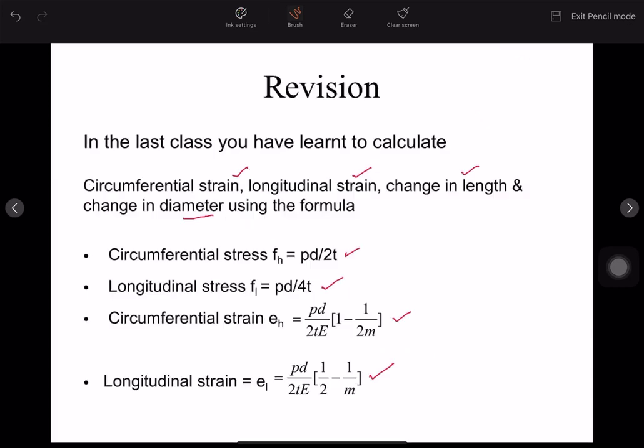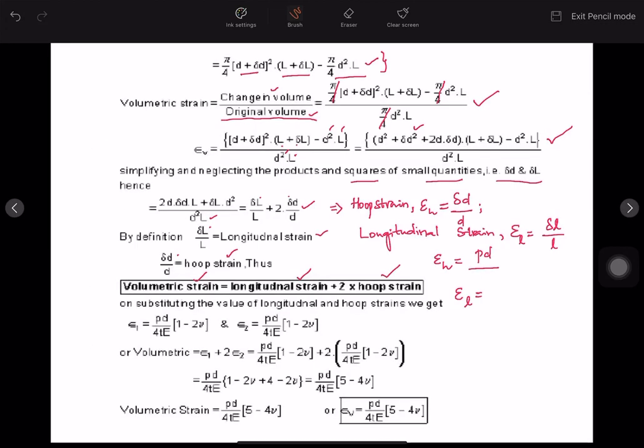If I show you these equations, hoop strain is PD by 2TE into 1 minus 1 by 2m, and longitudinal strain is PD by 2TE into 1 by 2 minus 1 by m. So that is PD by 2TE into 1 minus 2 mu and PD by 2TE into 2 minus mu.